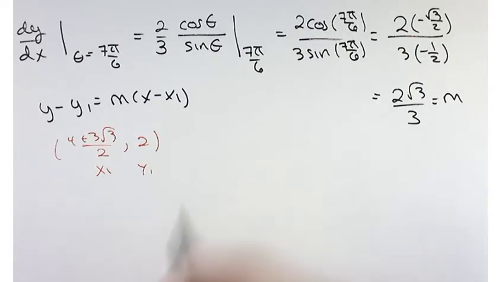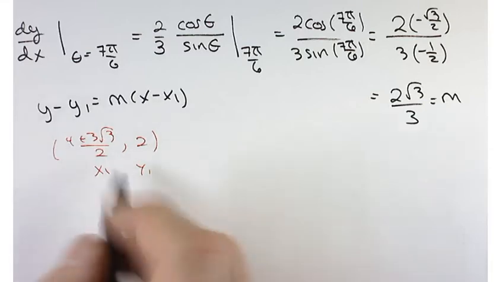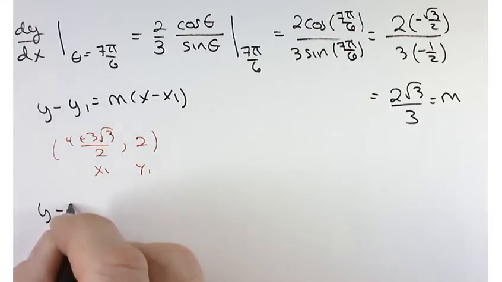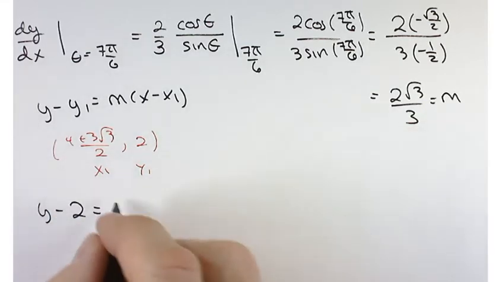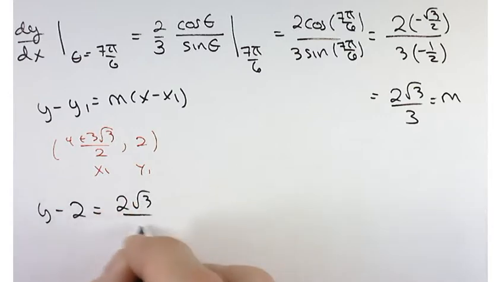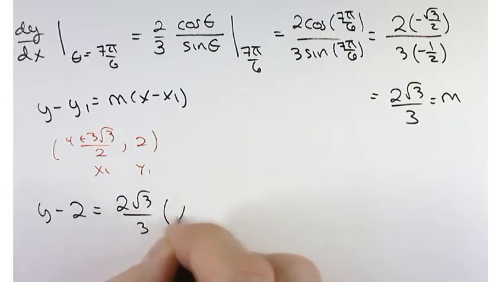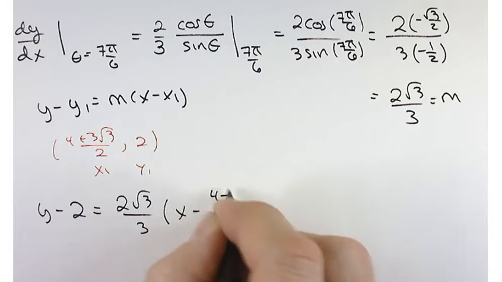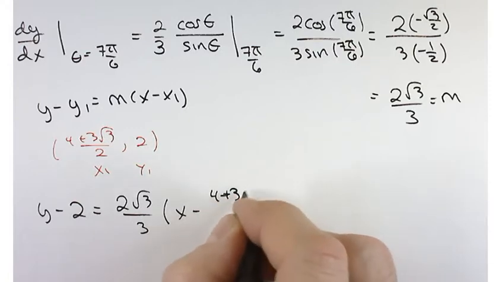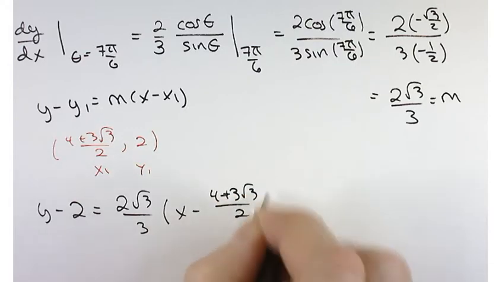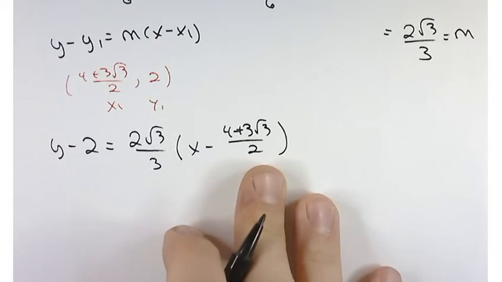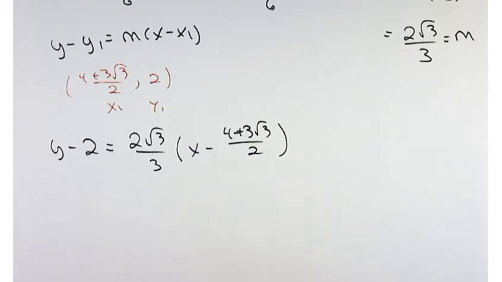If I substitute all that stuff in, it's going to be y minus 2 equals 2 square roots of 3 over 3 times x minus 4 plus 3 square roots of 3 over 2. Wow, pretty ugly.